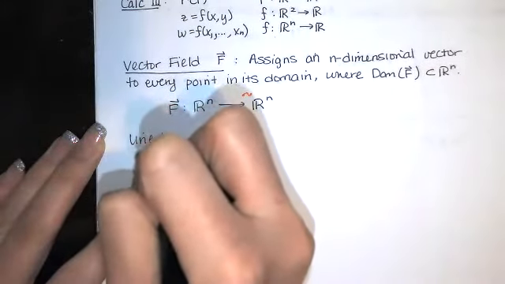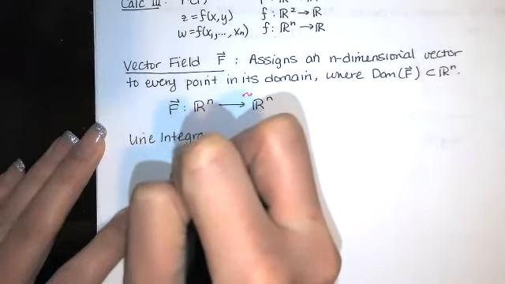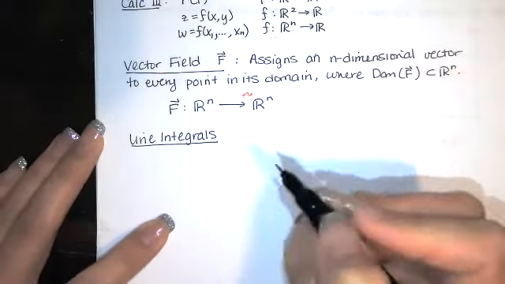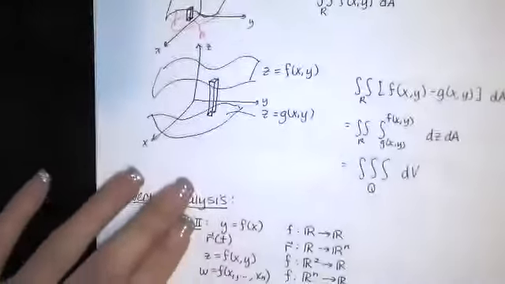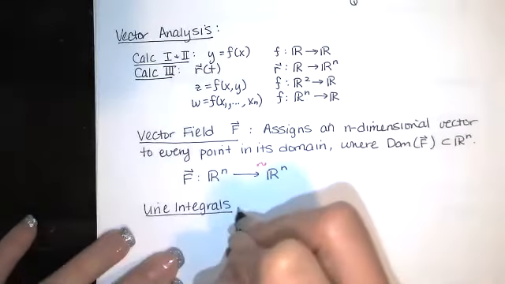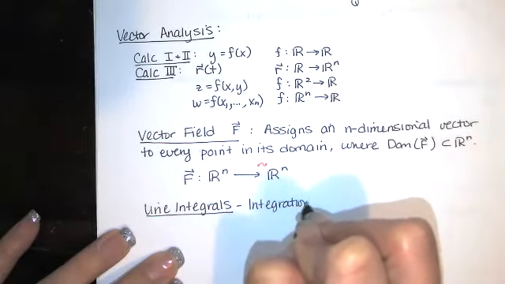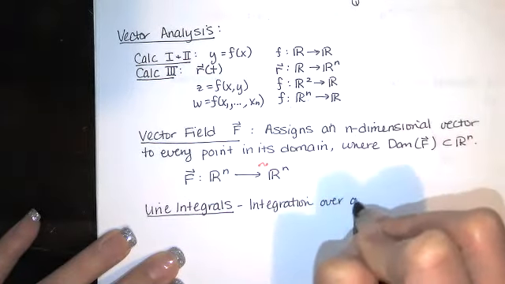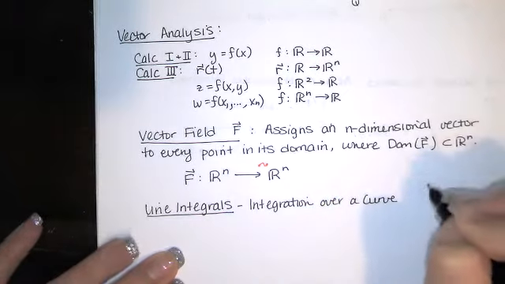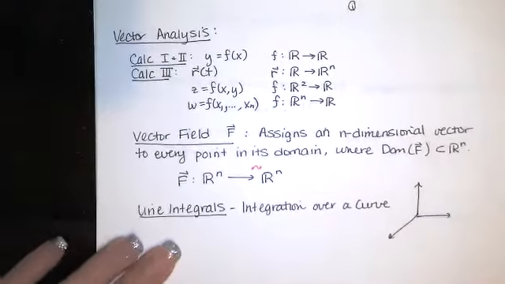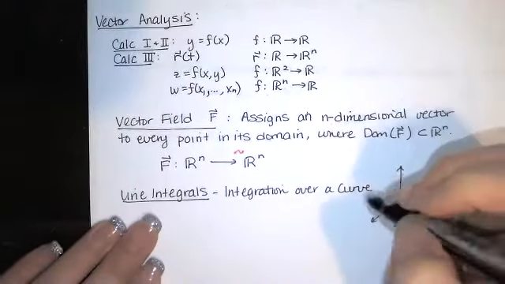But we're going to talk about integrating over lines and what are called line integrals. So rather than integrating over some subset of the real line from A to B, we're going to integrate over a curve. So we'll have some curve, and I'll just make it in three-dimensional space, for example.